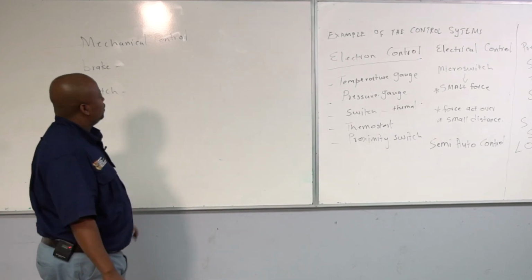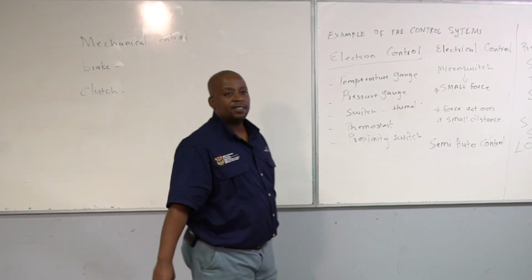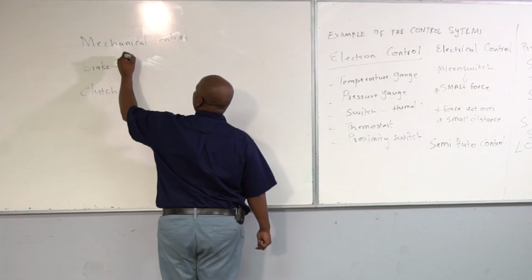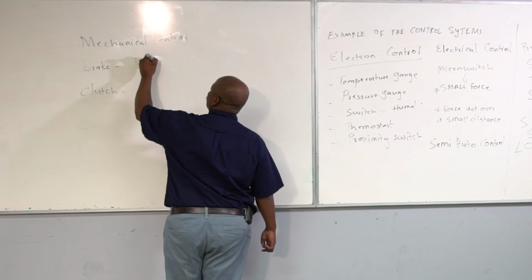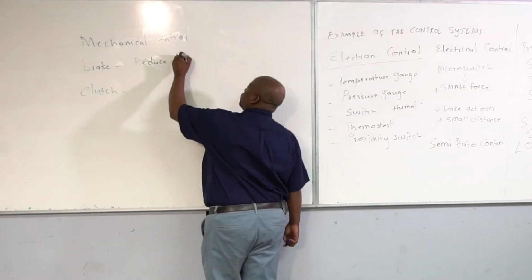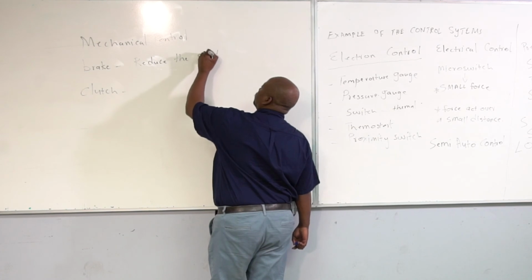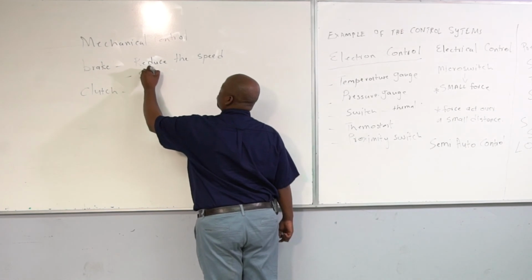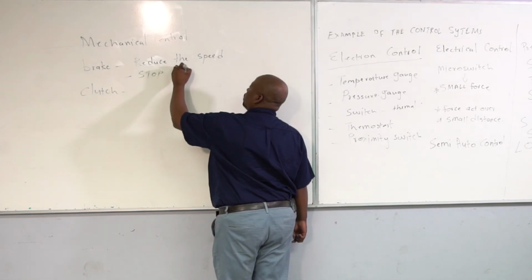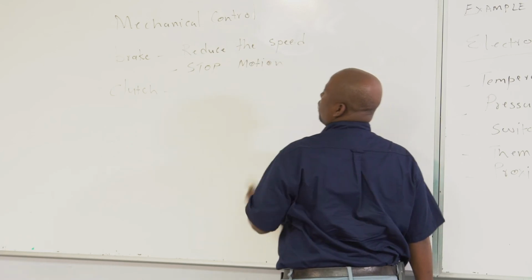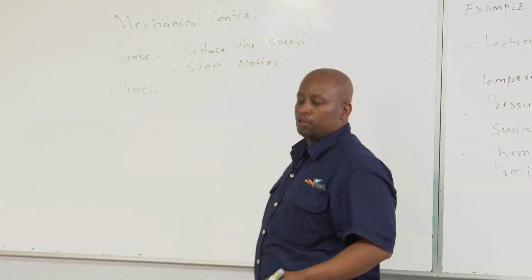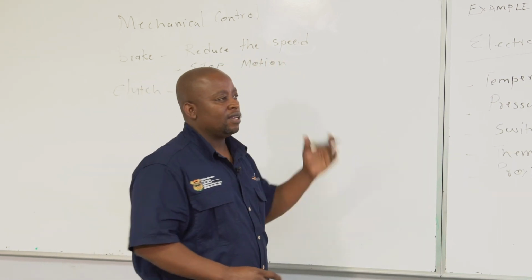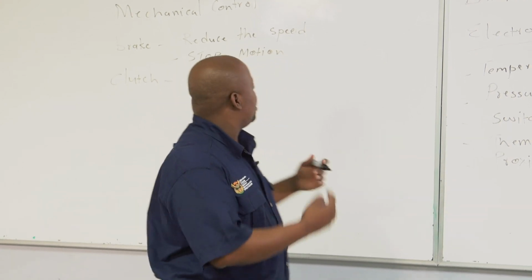Now, the brake systems usually do one of two things. Either you reduce the speed, or stop any motion. Whereas the clutch is used to mesh or to couple a driving shaft to the driven shaft.